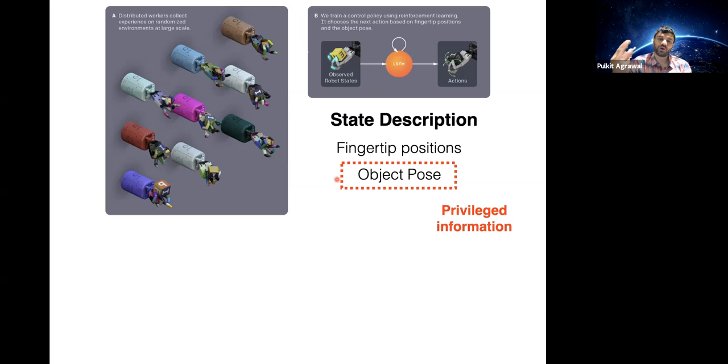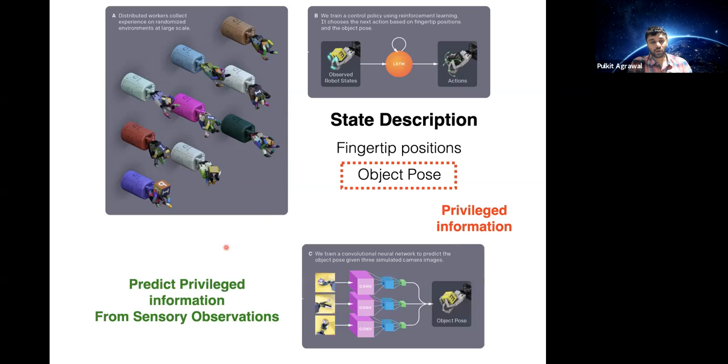Whereas there is no good way to measure pose. I have a camera, I can look at an image, and I need to infer pose from the image. So what you end up doing is that first you train a policy with this privileged information. Then, you train a predictor which can go from images to predict this privileged information.